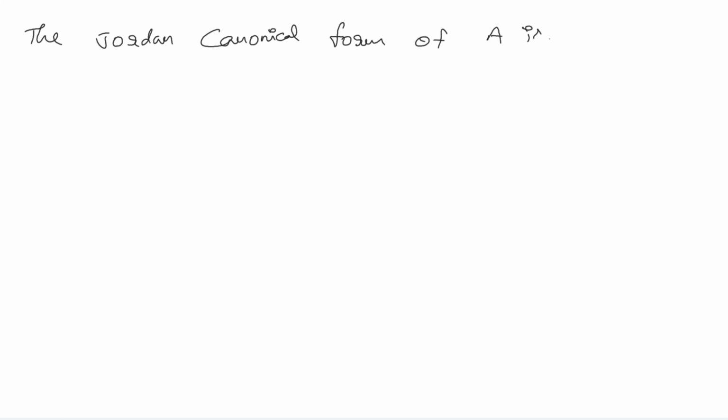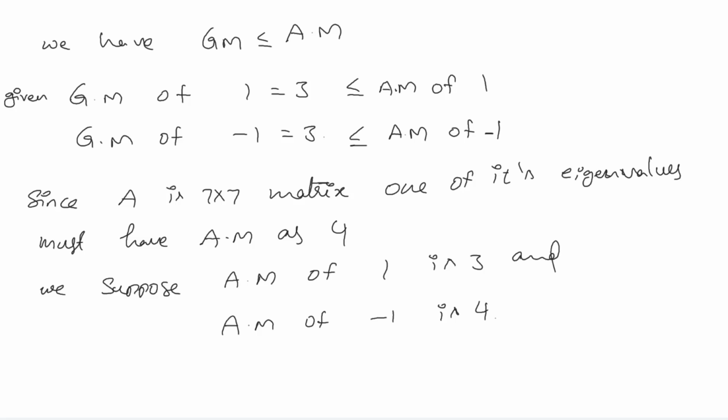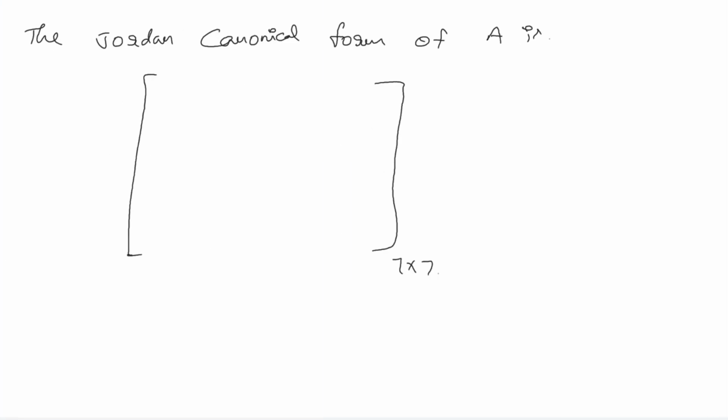So since it is a 7 cross 7 matrix, and we have 1 as an eigenvalue with algebraic multiplicity 3, and minus 1 as another eigenvalue with algebraic multiplicity 4, we have the diagonal entries as 1, 1, 1, then minus 1, minus 1, minus 1, minus 1.